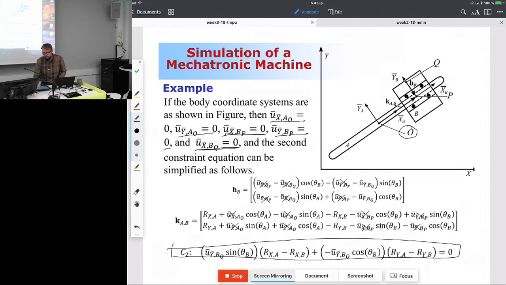And this is how Q is located with respect to the body x-coordinate axis. So those are the simplifications that I'm able to do. And when I substitute these simplifications, this is what is left. This is my final constraint equation. Very mechanical math, nothing else. Okay.